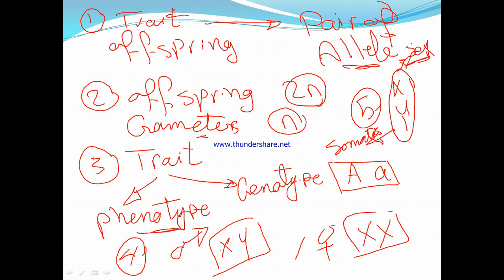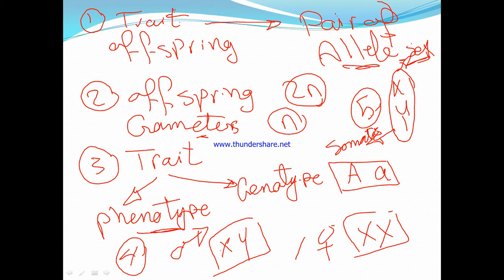So we can say that these 5 points again: the trait must appear in a pair of alleles. The offspring carry 2N where the gamete carries N. The trait is represented by 2 concepts, genotype like A capital or A small, whatever, and phenotype, which is the alternative characters that appeared.